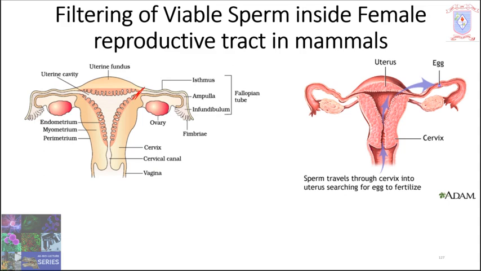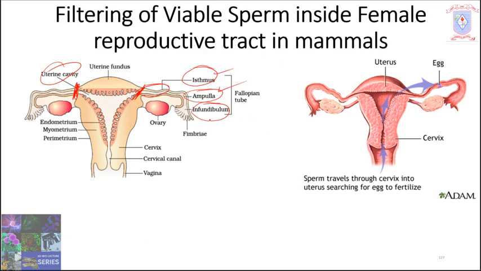the majority of them move towards the left fallopian tube. The entrance of the fallopian tube that is nearer to the uterine cavity is called the isthmus, and the far end of the fallopian tube near the infundibulum is called the ampulla. So, isthmus and ampulla.